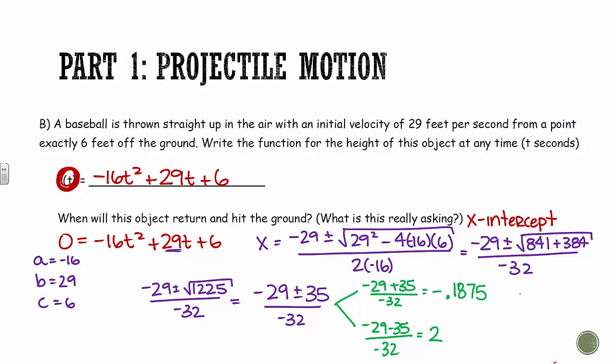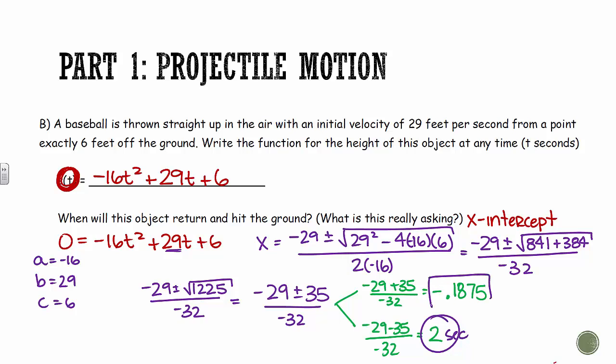Now remember what we're solving for. We want to know when this object will return and hit the ground, so we're looking at time here. Now only one of these makes sense for time. We cannot have negative time. So 2 seconds is the one that makes sense with this problem.